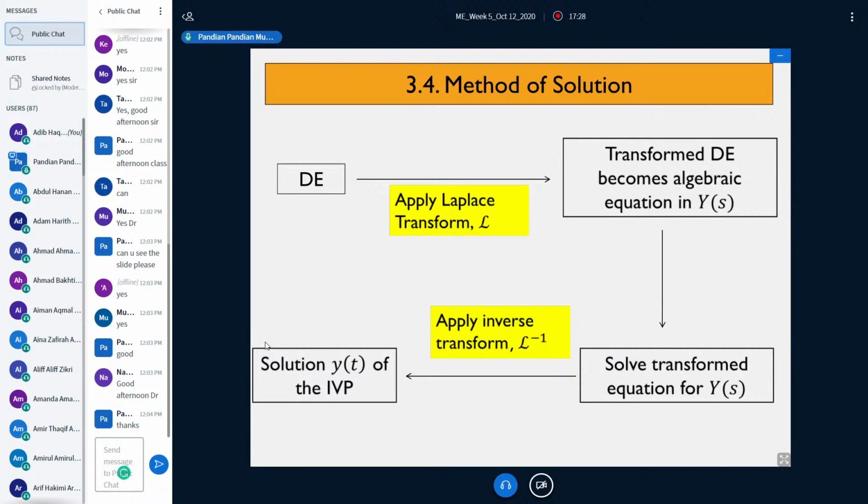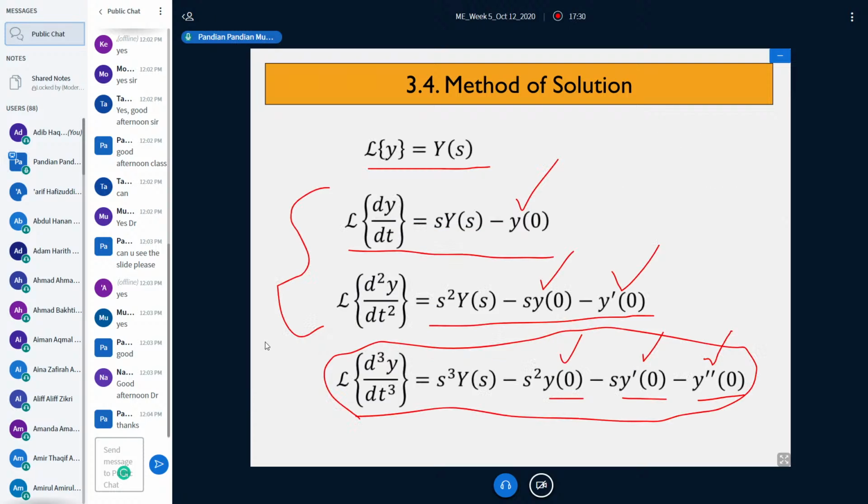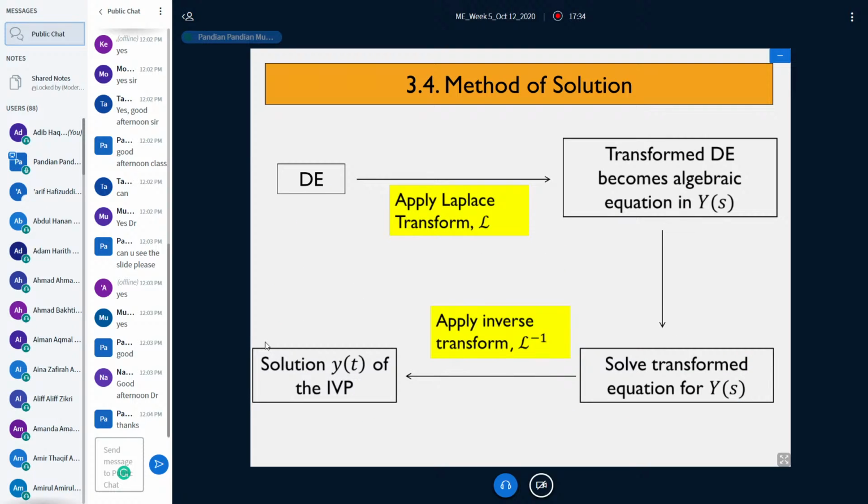So our job here is, we want to solve, the method to solve ODE using Laplace transform.